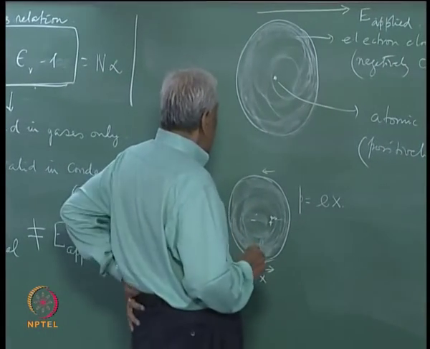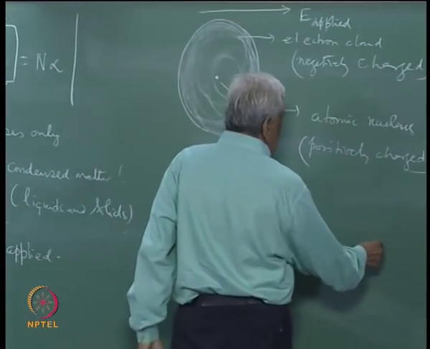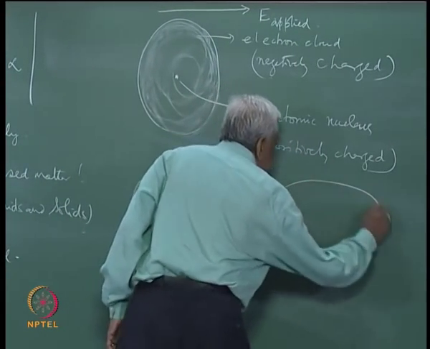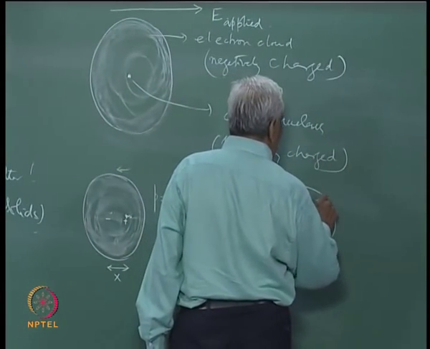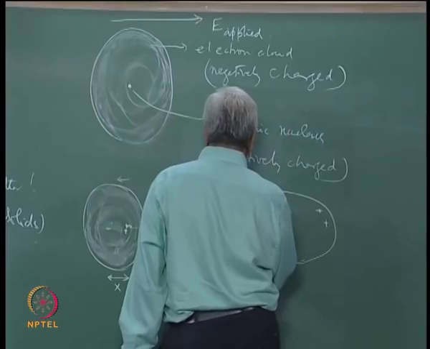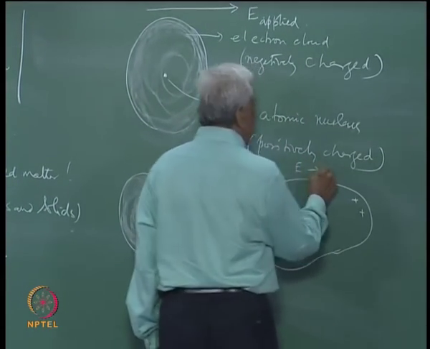So, what really happens is that in a macroscopic dielectric, you have the positive charges going in one way and the negative charges going in another way in the presence of an applied electric field.